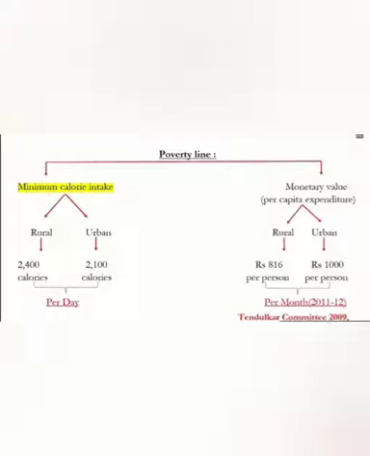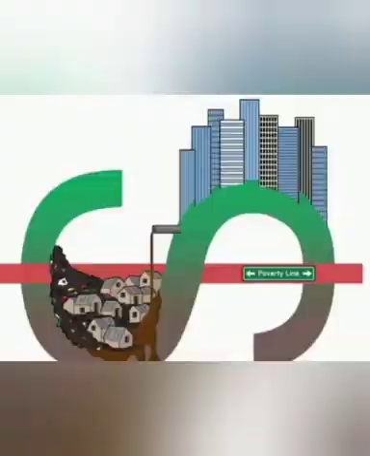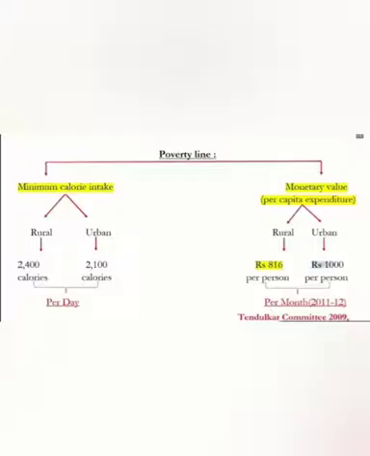In urban areas 2100 calories they have to take per day. If not, they fall below the poverty line. Monetary value: in rural areas, per capita expenditure is 816 rupees per person and in urban areas 1000 rupees per person. This is the measurement of the poverty line.